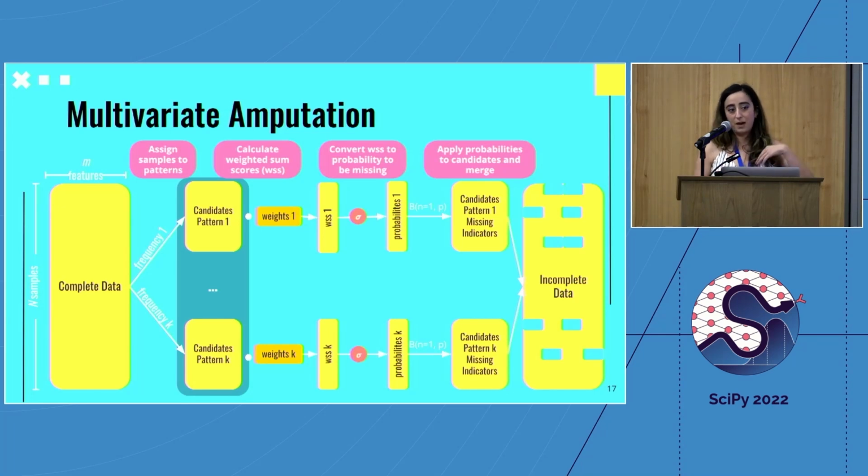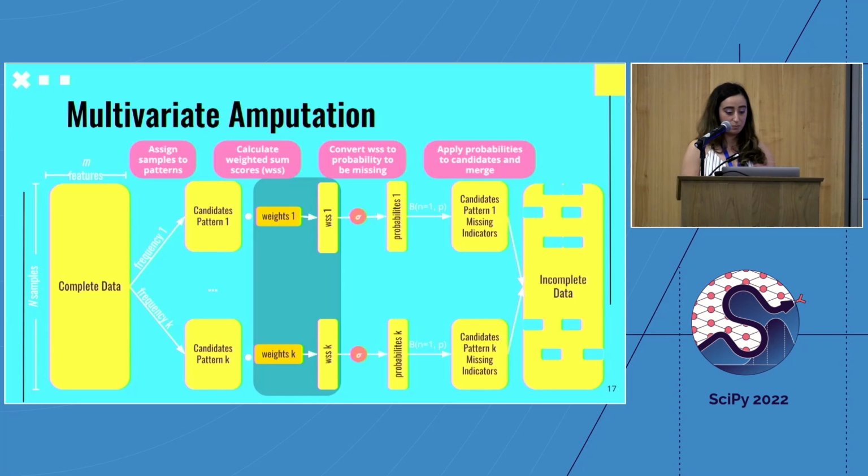So I want pattern 1 to occur 30% of the time and pattern 2 to occur 70% of the time. Then each sample in that pattern will be assigned a score that's going to influence its probability to be missing. The scores are calculated by computing the dot product with a set of user-specified weights for each feature.